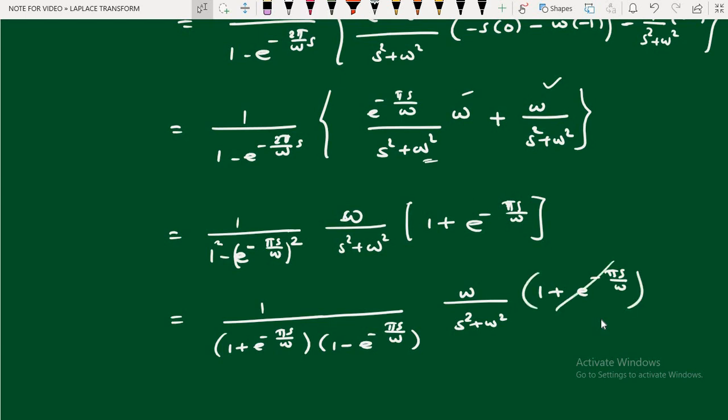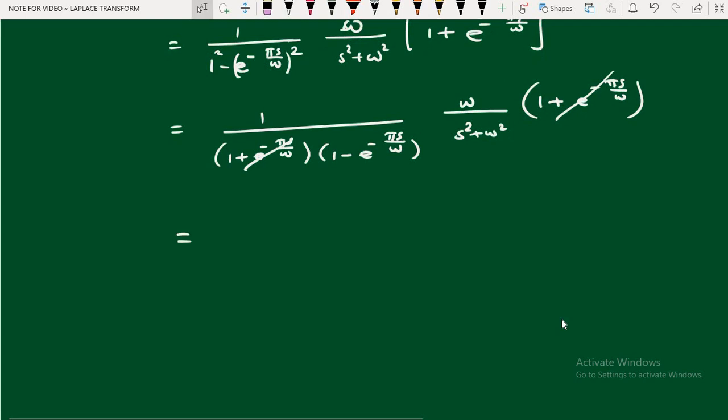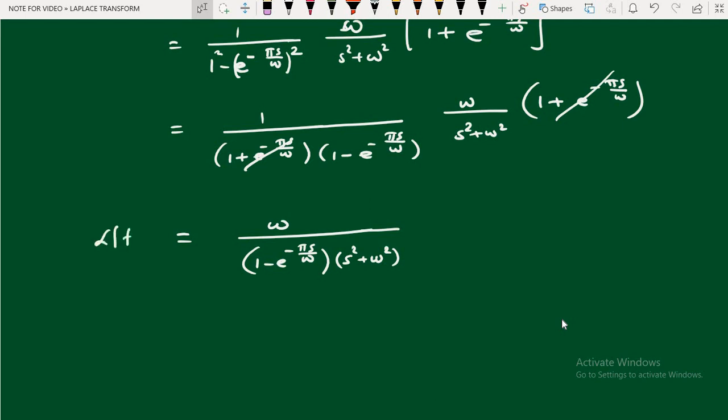Now we can cancel this common term. So the remaining term is omega divided by 1 minus e power minus pi s by omega into s square plus omega square. So this is the Laplace transform of the half wave rectifier function.